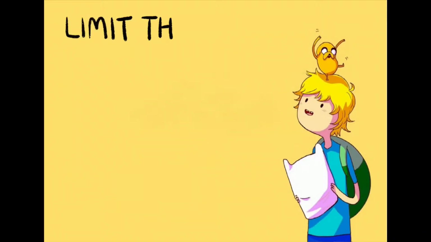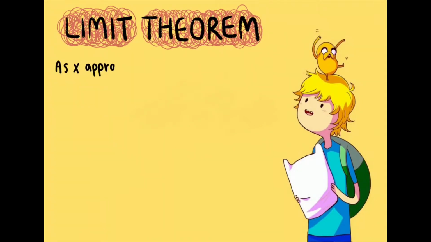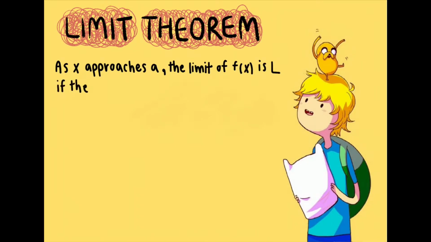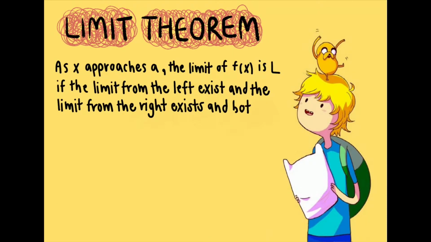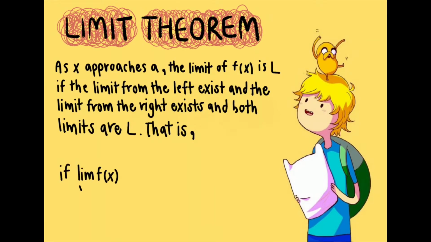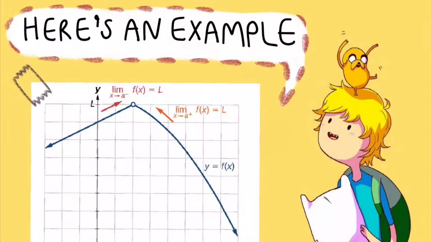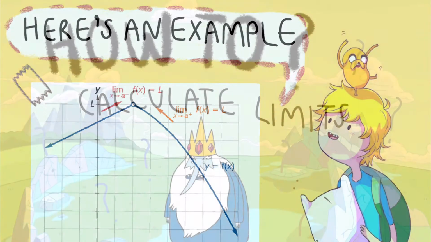Limit theorem: as x approaches a, the limit of f of x is L if the limit from the left exists and the limit from the right exists, and both limits are L. That is written like this. Here is an example of left and right hand limits.